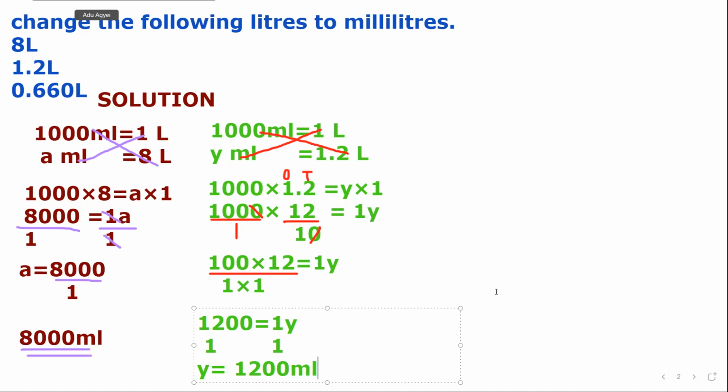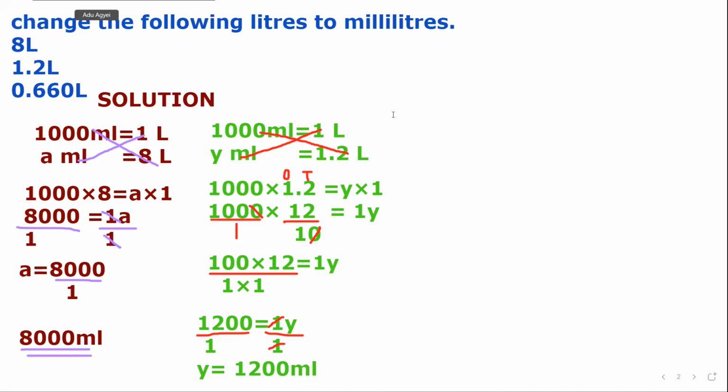Okay. Good. Now, when you divide both sides by the number, this one here will take out this one. And any number divided by 1 is the same as that. That is why y is equal to 1200 what? Mils. Okay, good.